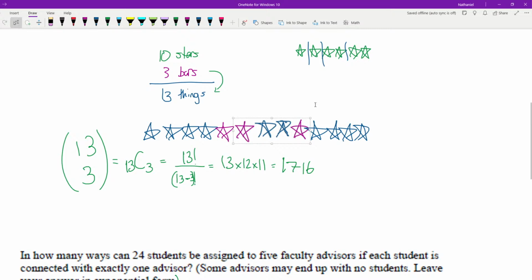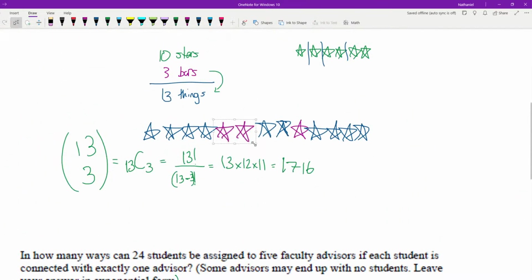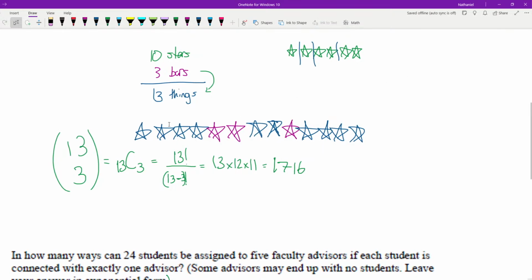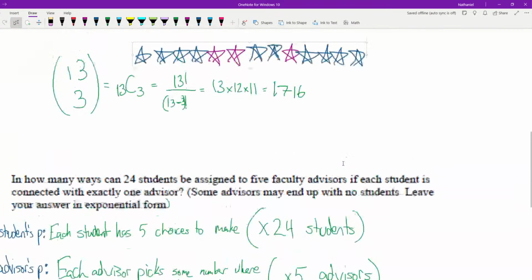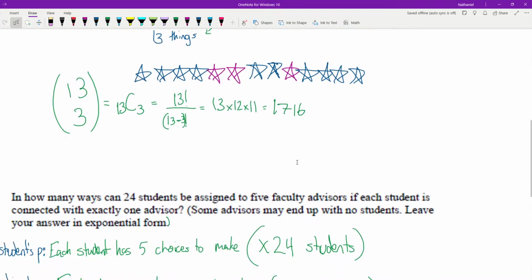These 2 will always be made up of ones in the middle. It might sometimes include a couple over here, but it's rarely going to include that one or that one. Well, that's not fair then. That means that student doesn't have a chance with this advisor. Obviously the purple's not an advisor, the space between them is an advisor. In this world, we kind of put them in an order, so it's not really fair. And the reason we're allowed to do that is because they are the same.